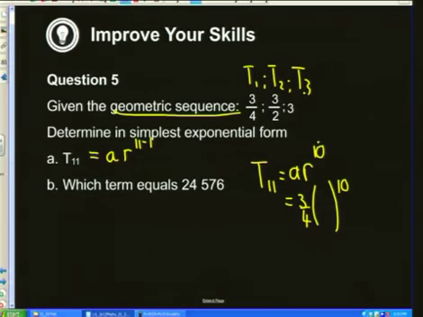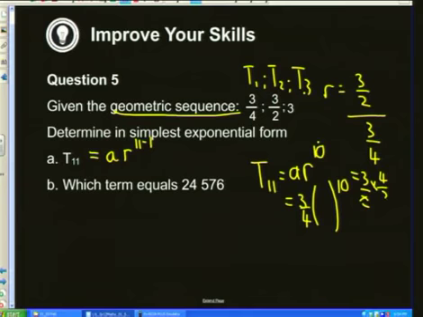Now remember, we can just look at it and say, what are we doing, and work it out like that, but we can also use the formula I've shown you. In other words, R is equal to term 2 divided by term 1, which is 3 over 2 times 4 over 3. That goes once, that goes twice, that goes once, that goes once, and the answer is going to be 2. So R is 2, so it's 2 to the 10.